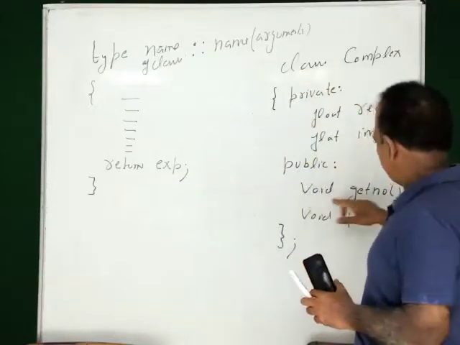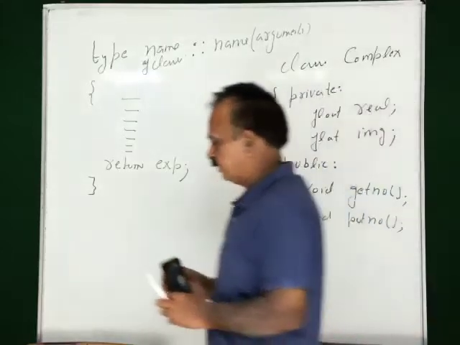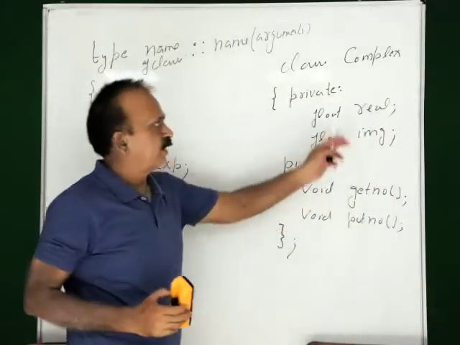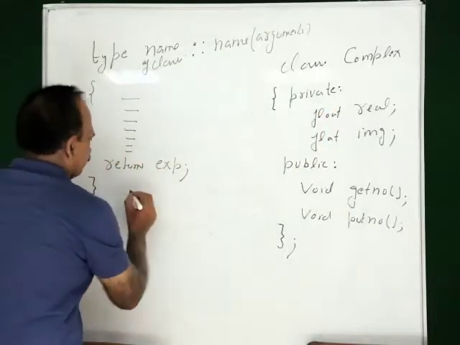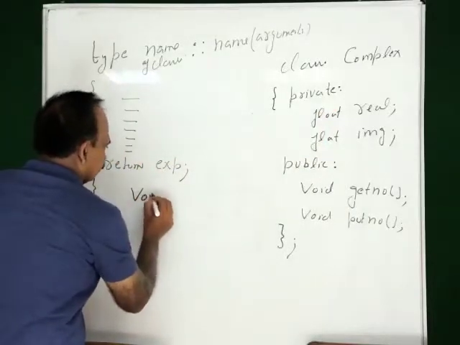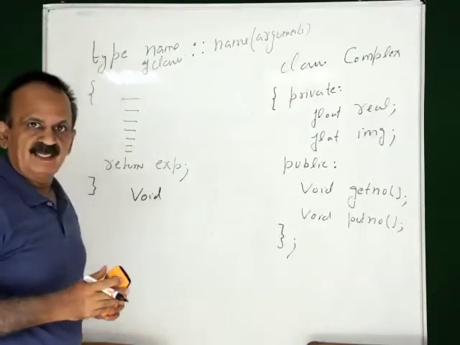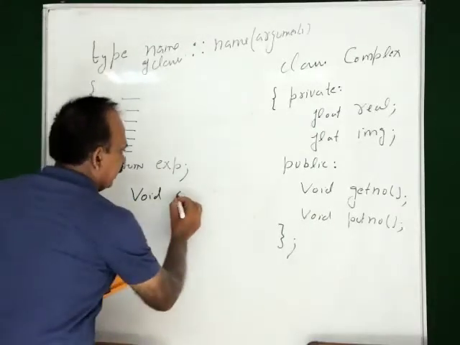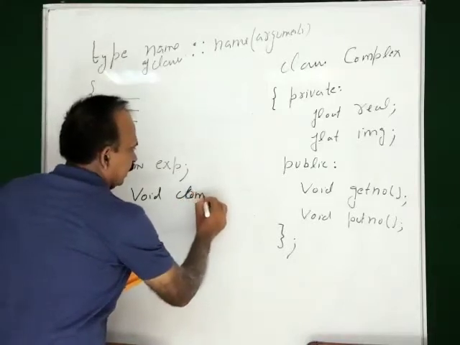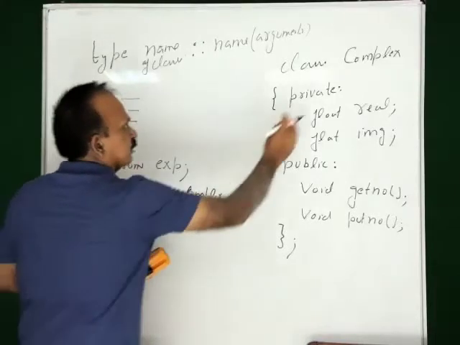If I take an example, say this particular function, void get number for this complex class. The structure will be something like this: void. Now void as the type is indicating that the function will not return any value. The class name here is complex, as we declared.